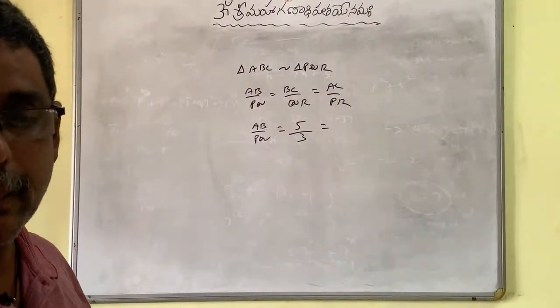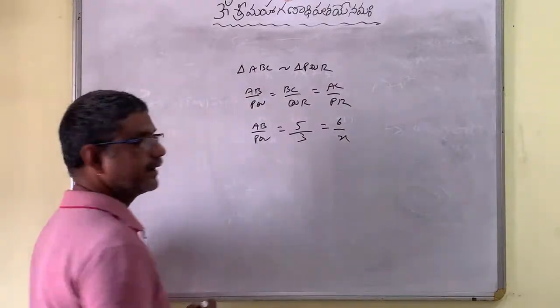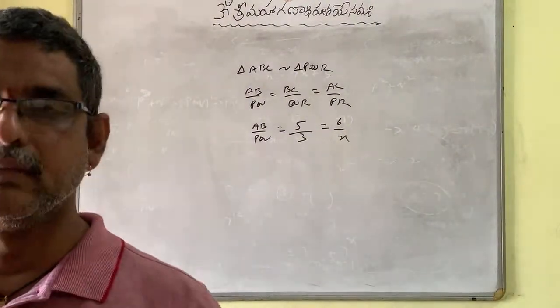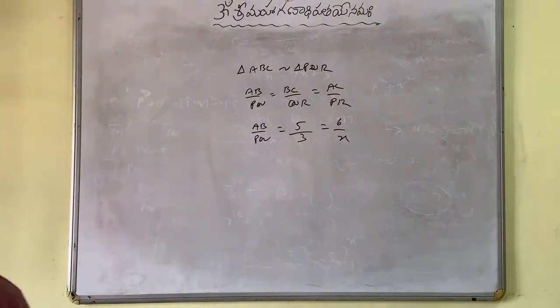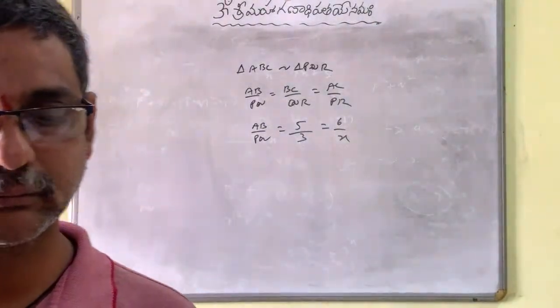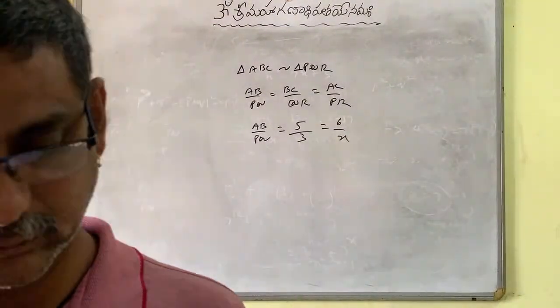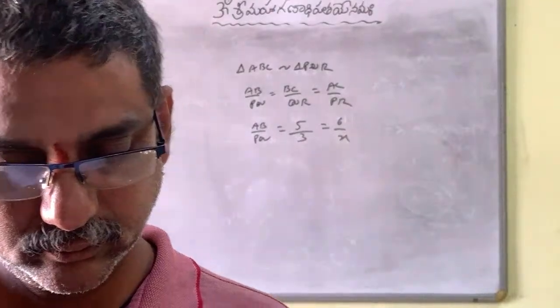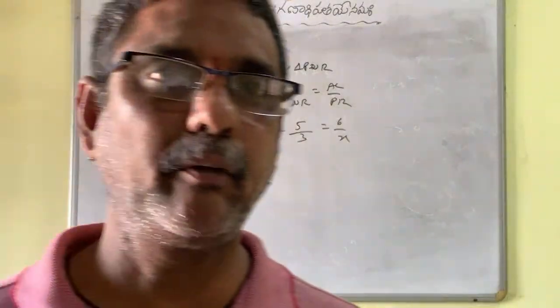AC is 6 by X. Now find out the X value, children. Yes, 3.6.